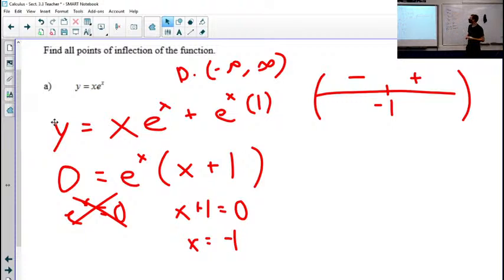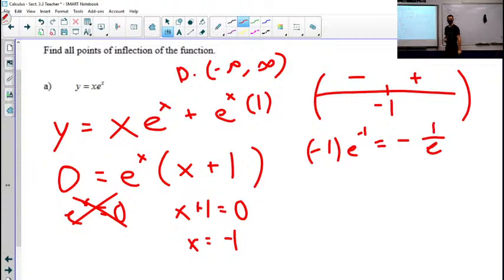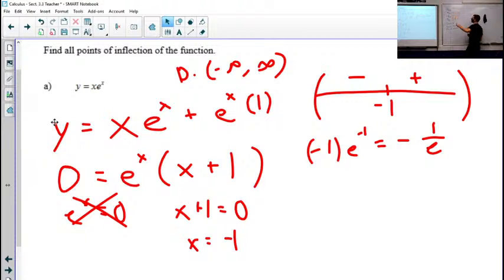At negative 1, the y coordinate here would be negative 1 times e to the negative 1st. e to the negative 1st means we're going to take e and put it on the bottom. No maximum.